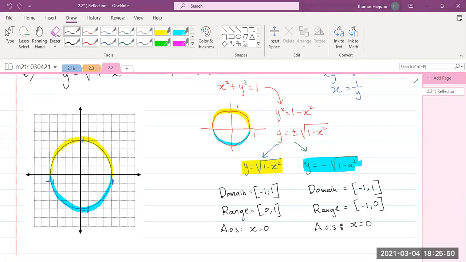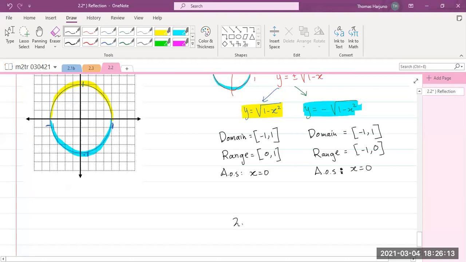On Tuesday, when we come back, we will work on 2.4, where we basically start functions, and we will do 2.4 and 2.5, maybe a little bit of 2.6. But make sure you are really good already with this. See you then on Tuesday.